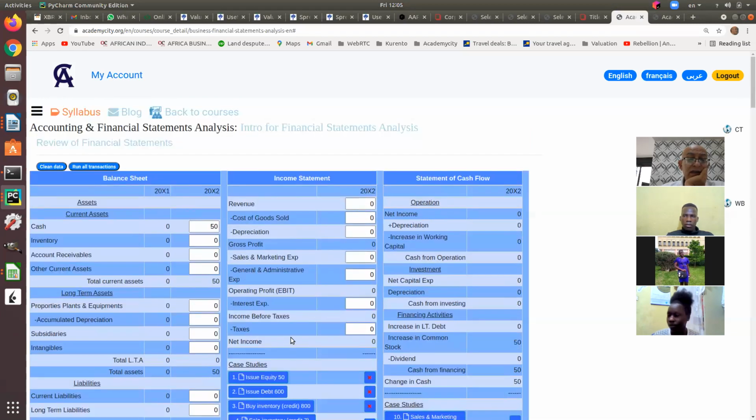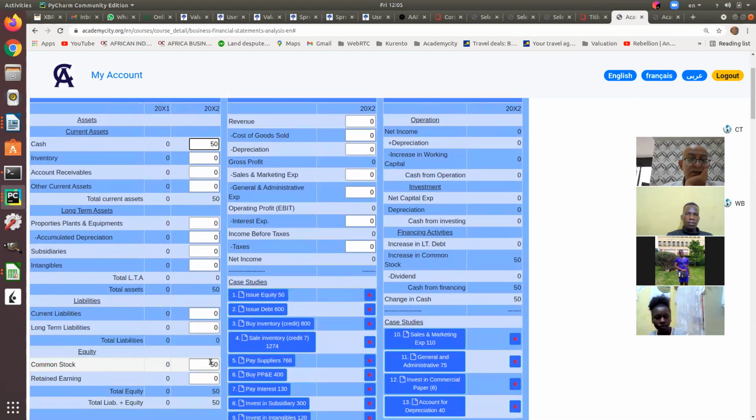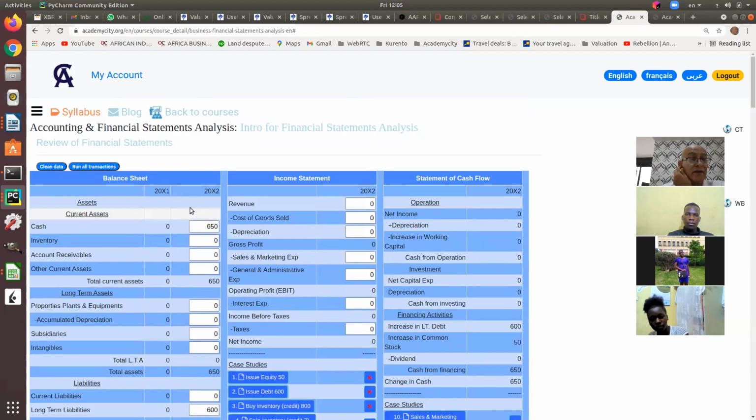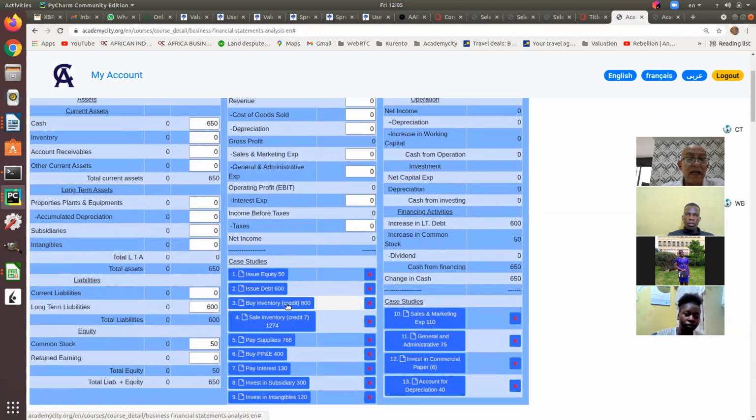Issuing equity gives us cash, equity goes up by 50. Taking a loan from the bank, we have more cash, we also have a loan. Total loan plus total equity, 650, equals total assets. Next, we're buying inventory from the suppliers, but they give us a credit.